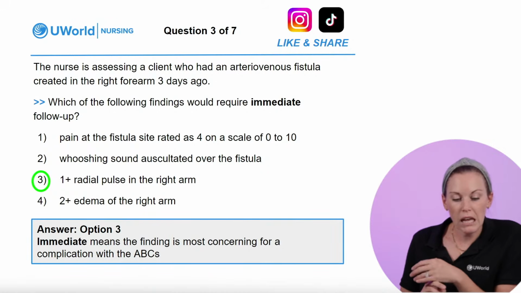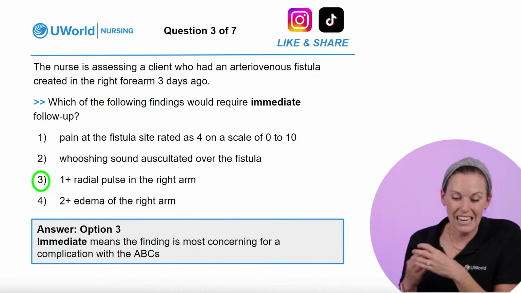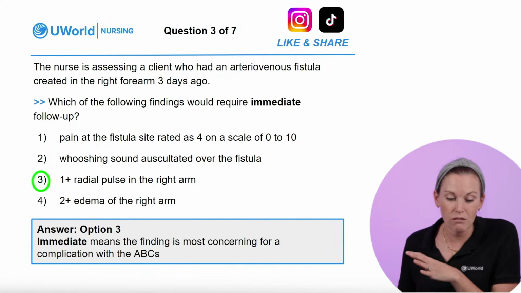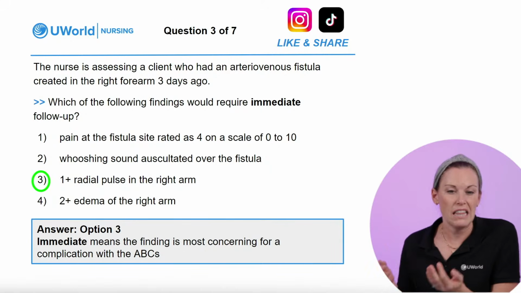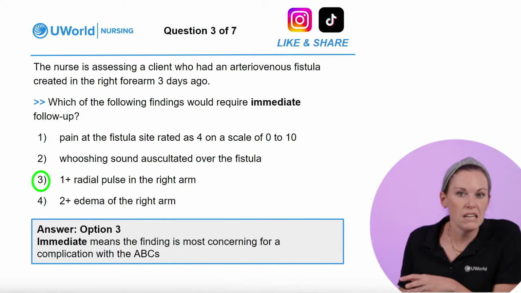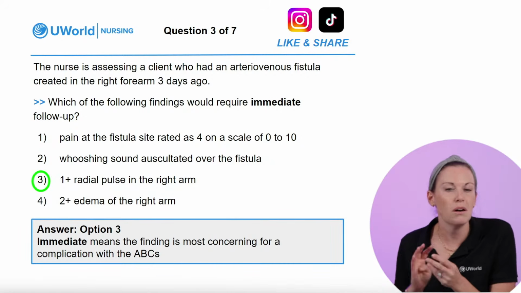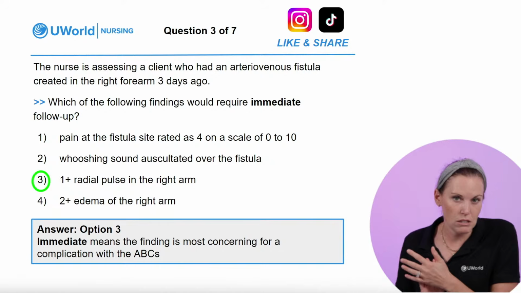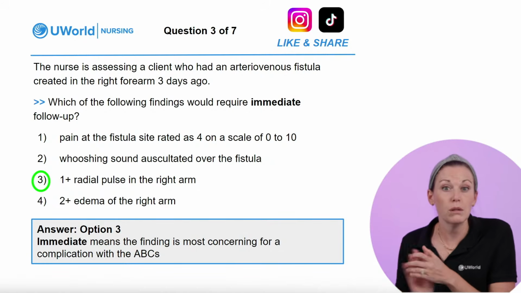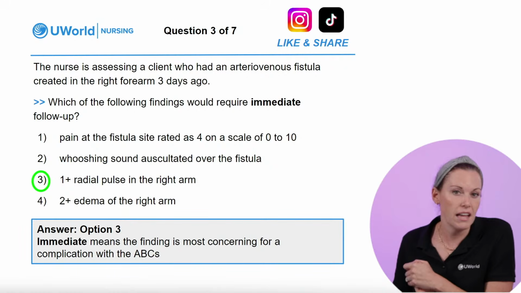But a 1+ pulse means the pulse is weak and thready. This could mean the client is having an obstruction like thrombosis or stenosis, or even rupture. We're going to worry about that, especially since this is in the same extremity that the fistula was placed in. If we have a fistula placed 3 days ago, we want to make sure that we have good open blood flow above and below that surgical site.